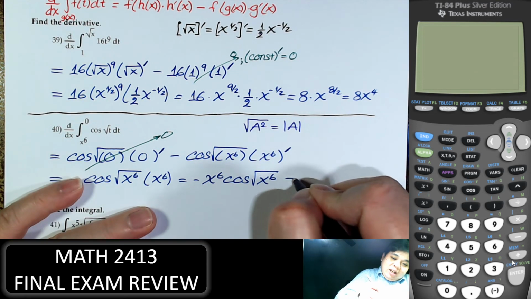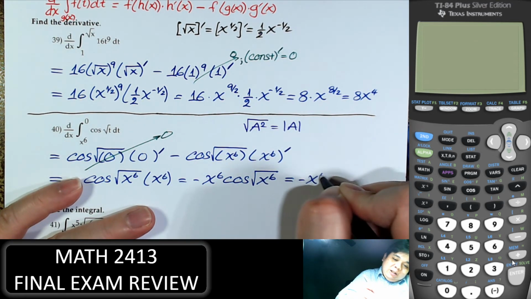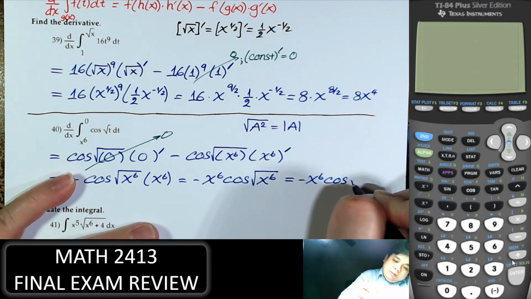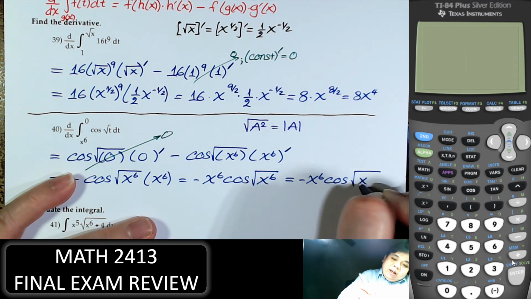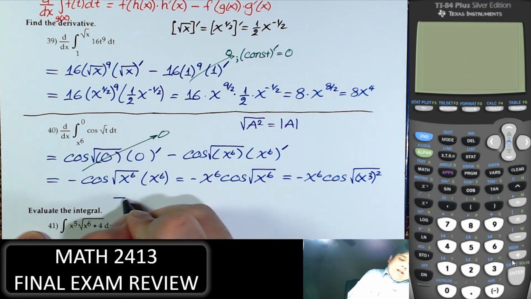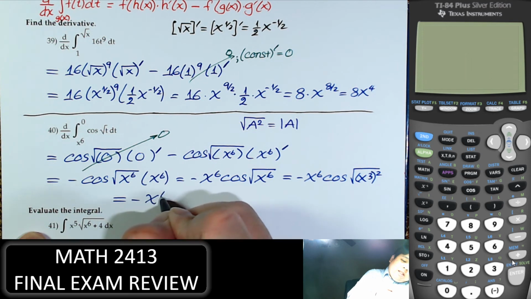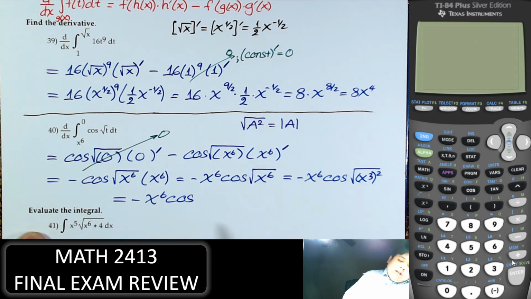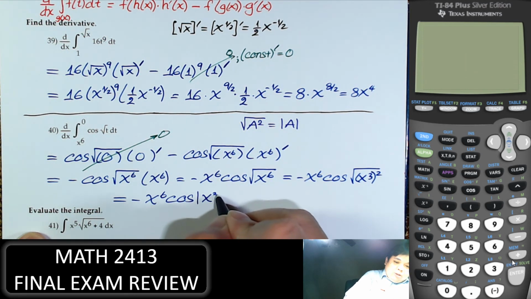So can we say it? X squared, x cubed squared. So that gives us negative x to the 6 cosine of x cubed.